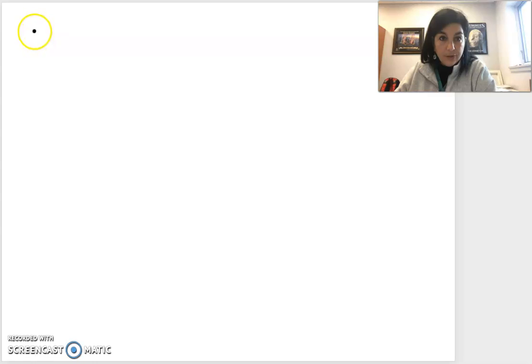Last scenario is if you have a gamma hemolytic property. If you have a strep with a gamma hemolytic property, then you do a bile esculin test.